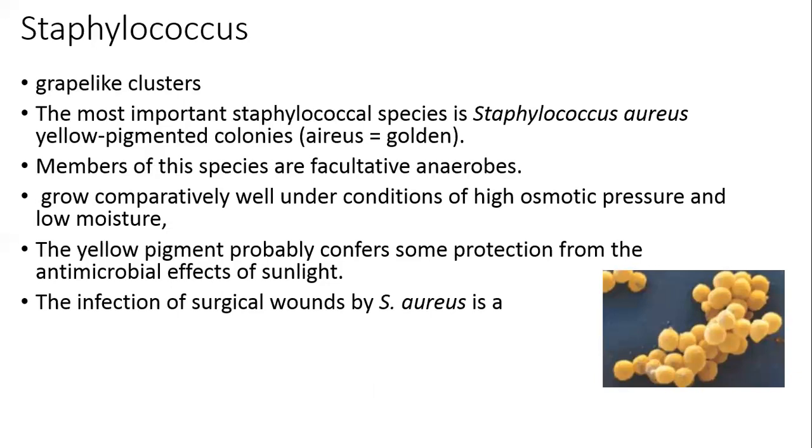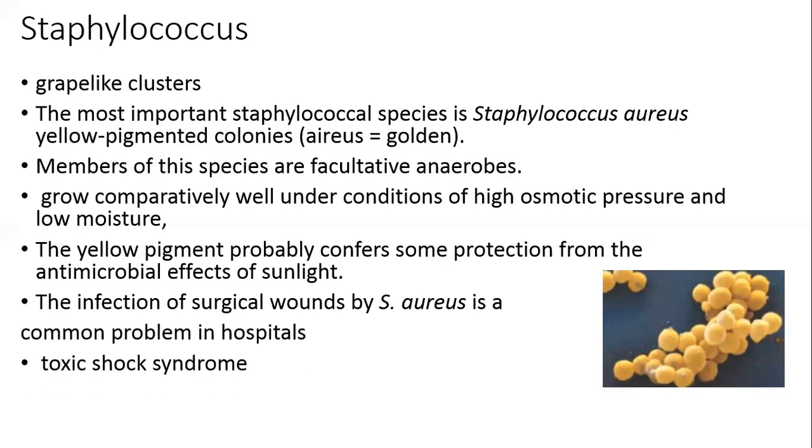So Staphylococcus aureus can be pathogenic if it targets the bones, right? Because it's capable of producing a toxin, and that toxin is very severe, and that toxin can cause a disease known as toxic shock syndrome, right?